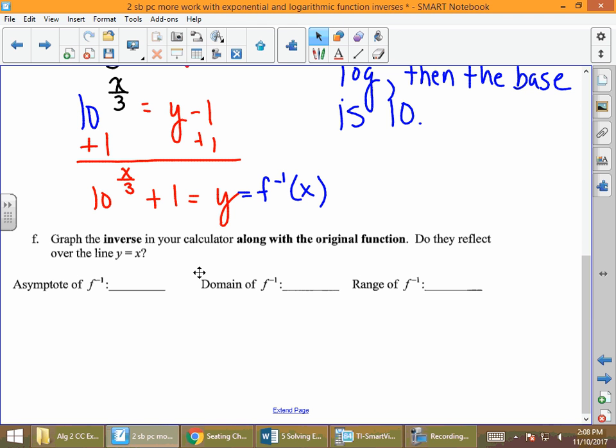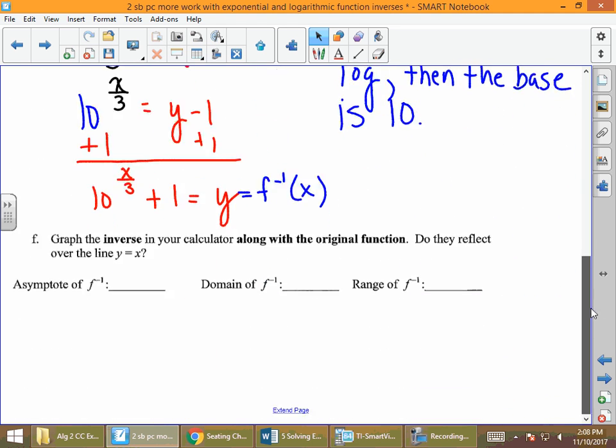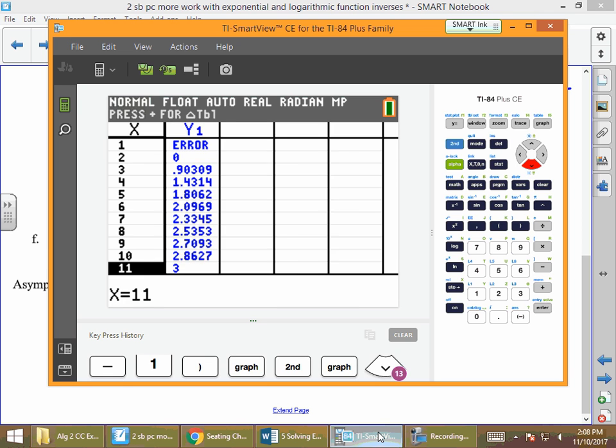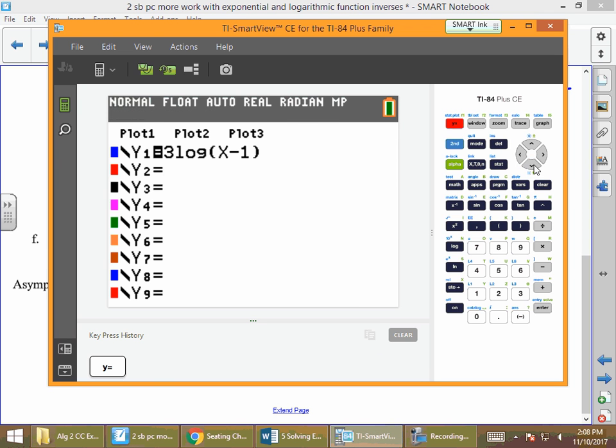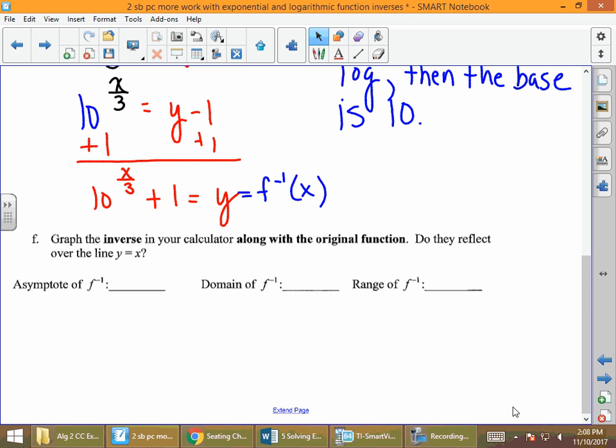And the nice thing is we've got a good calculator that's going to graph this for us. Because that's what our next part says. And we already have it here. We know what it's going to look like, but let's look at a more precise graph. So it's 10 to the x divided by 3 plus 1.